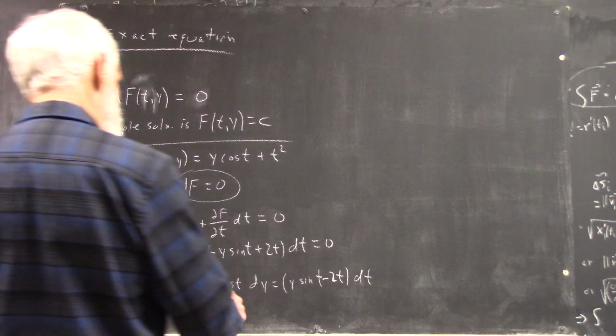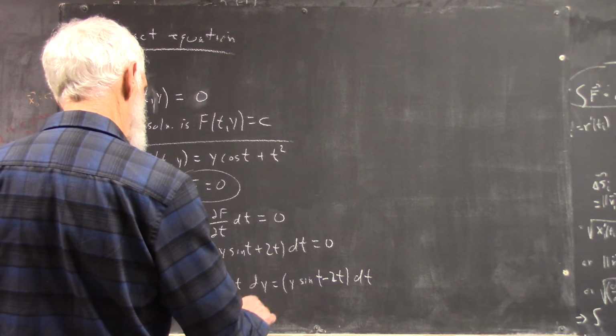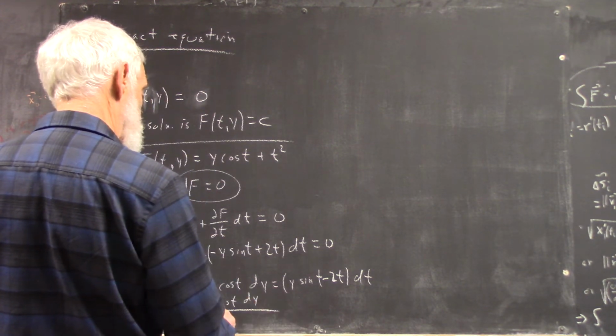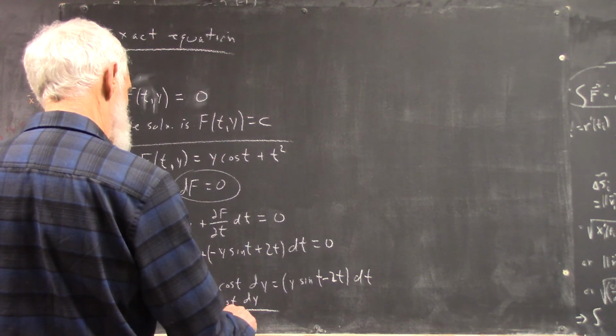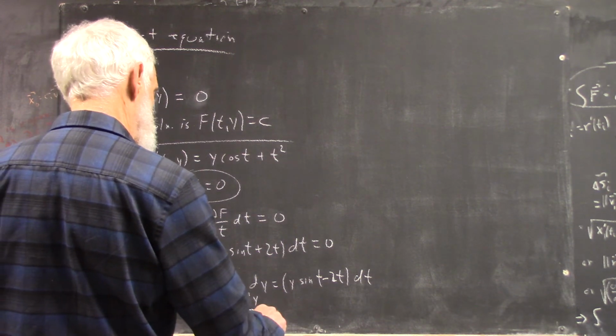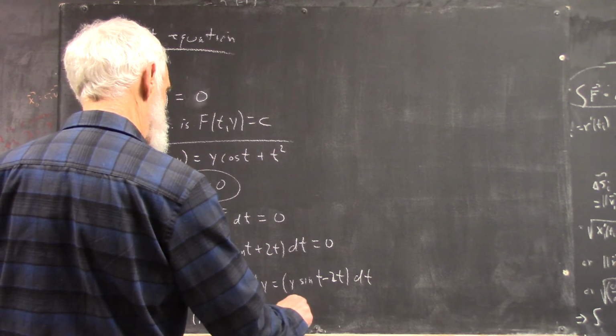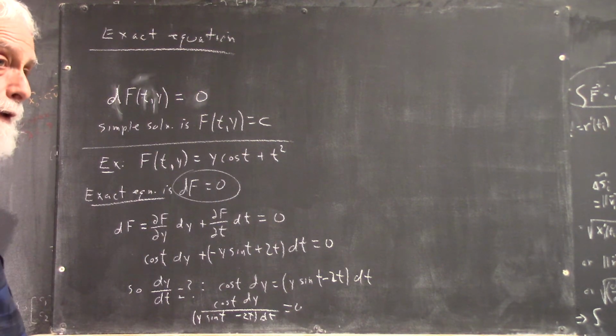So that cosine t dy over y sine t minus 2t dt equals 0, right?